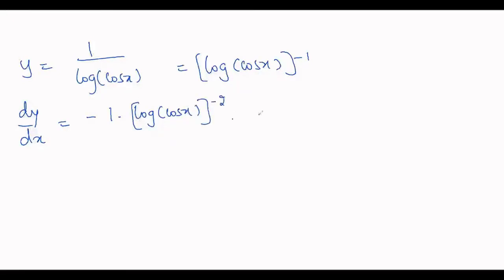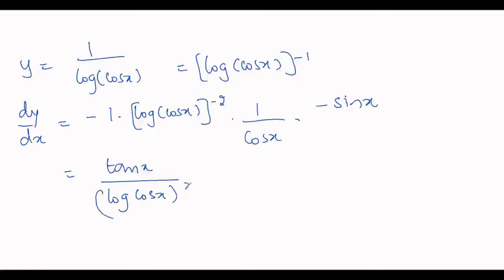Differential of log is 1 by x. So in this case 1 by cos x into differential of cos x is minus sin x. So therefore minus minus becomes plus. Sin x by cos x is tan x, and I'll bring the negative power to the denominator. So that makes it log of cos x whole squared in the denominator. So that's my final answer.